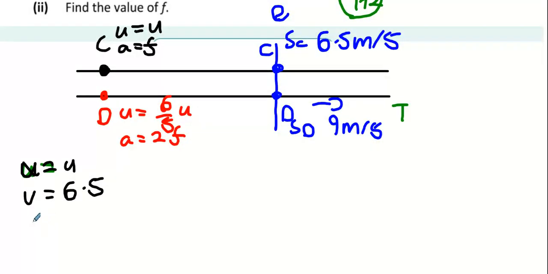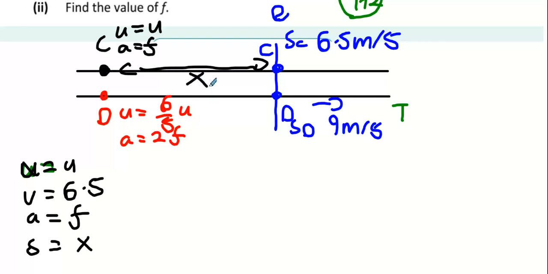Our A value? F. Our S value? Just call it X or SC. For argument's sake, let's make the distance the overtake takes place X. Is that okay? What's our T value? Does it give us a T value? The T value is the goal of the question.